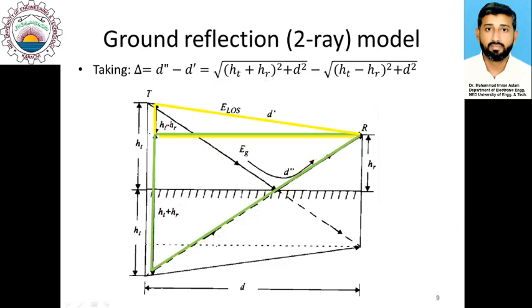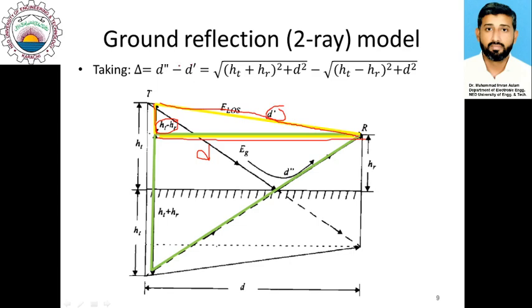Similarly, if you focus on the yellow triangle, this is again another right triangle. The perpendicular is given as ht minus hr here. Again the horizontal line is the same, representing the separation between transmitter and receiver, d, and this hypotenuse is actually d prime.